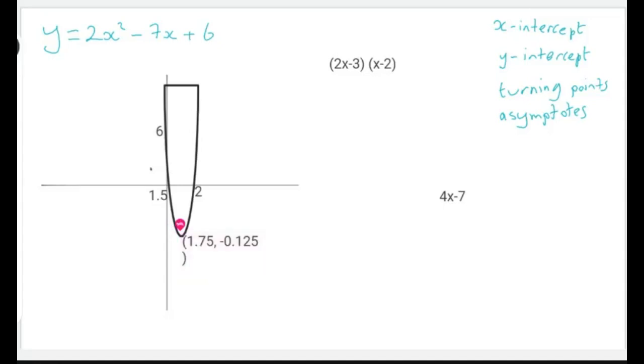Then to get the y coordinate, you've substituted it into the original equation.